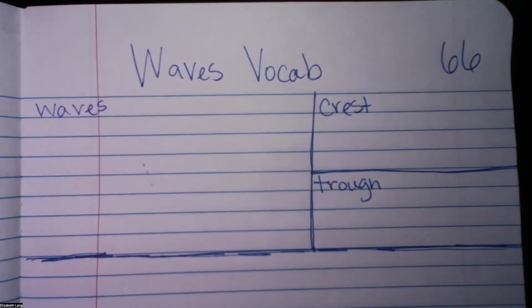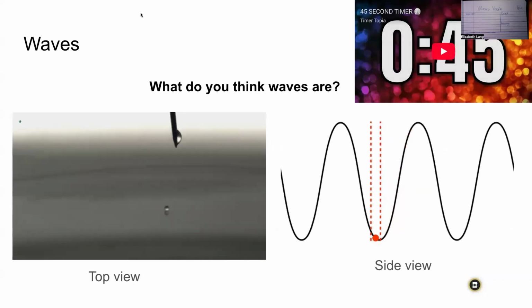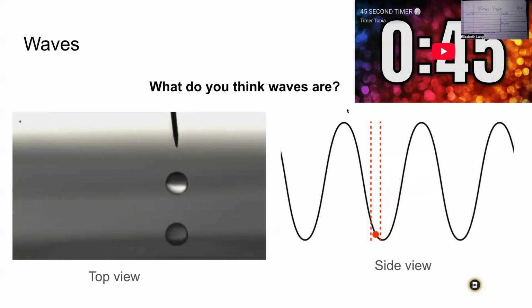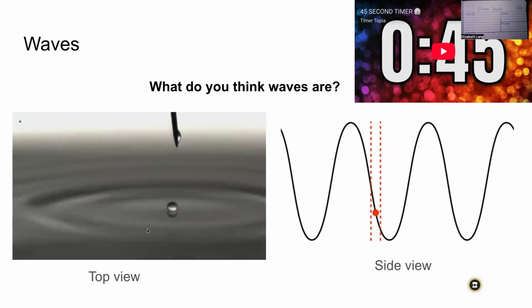So when we talk about waves, this is what we're looking at. A wave is any sort of disturbance that happens in a solid, a liquid, or a gas. So we have the water droplet falling into water.